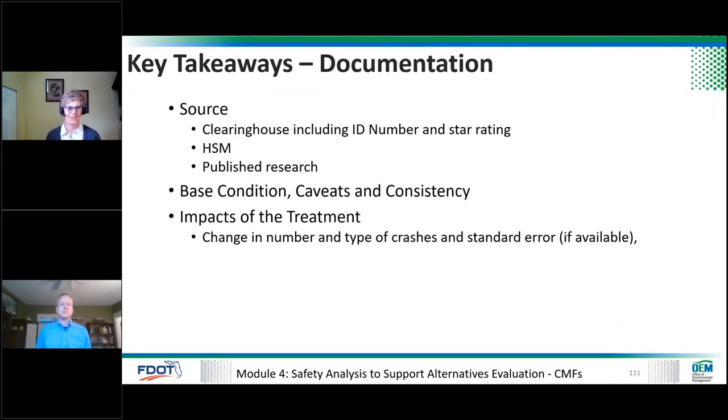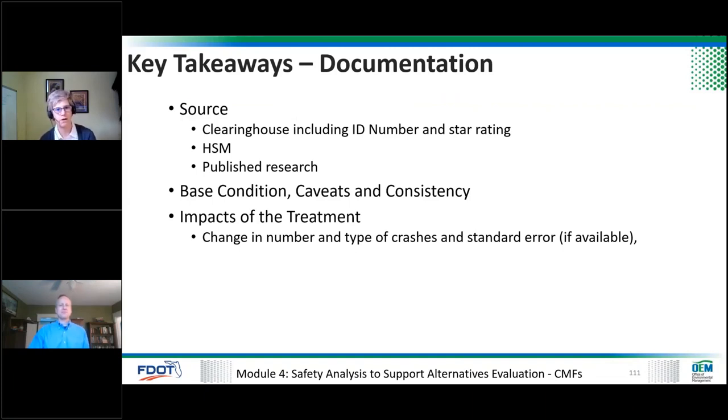And document, document, document. The source, so if you're using a CMF from the clearinghouse, record the ID number and the star rating. It just makes everyone's life easier in reproducing your results. If you take it from the HSM, document the table. And certainly if you're using research, the details of the published research.